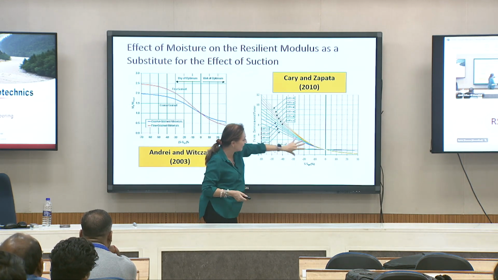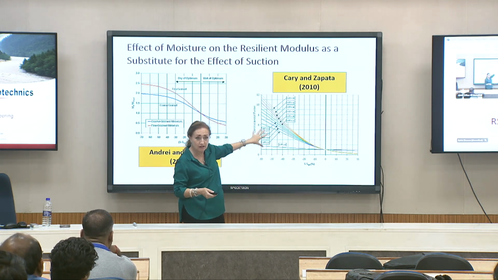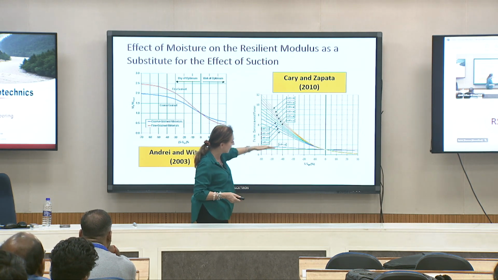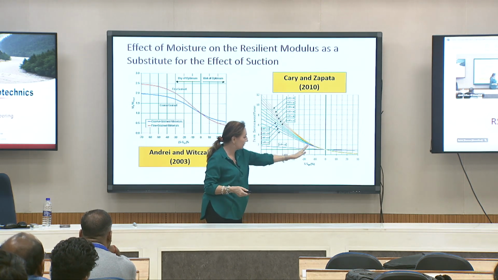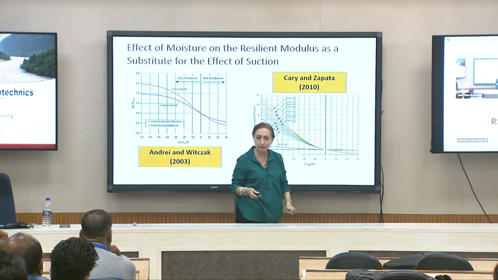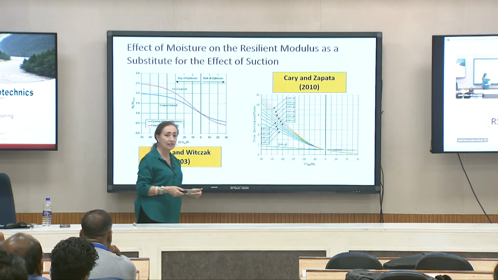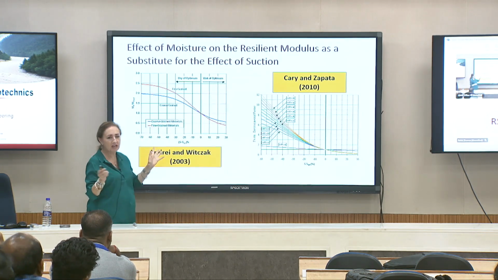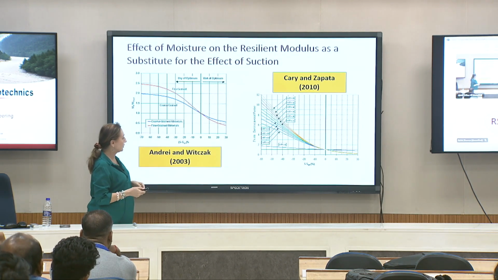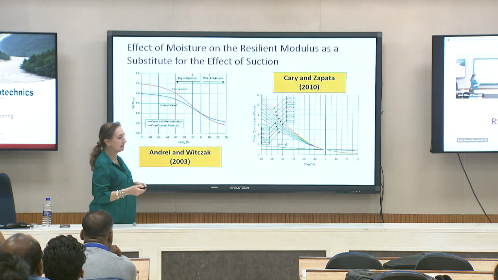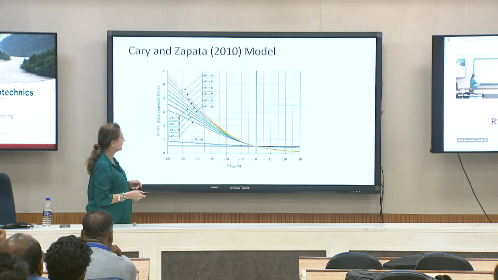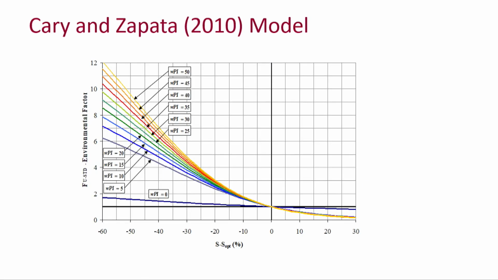And basically you can see how the environmental factor changes for clay materials, for granular materials, dry of optimum or wet of optimum, right? So you got this model in there. There are equations, but you can use the graph as well, just to get the approximate value. I just put a big picture so you can enter that easily, right?